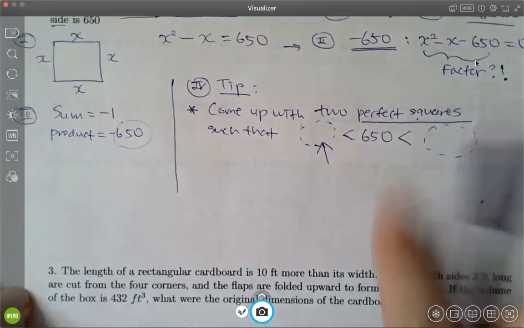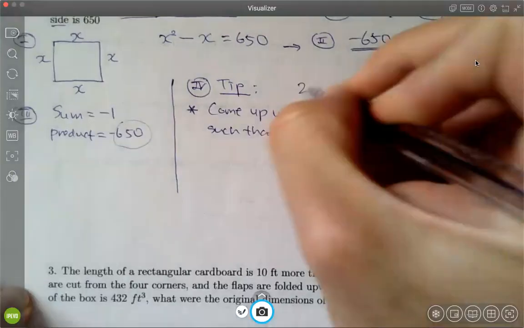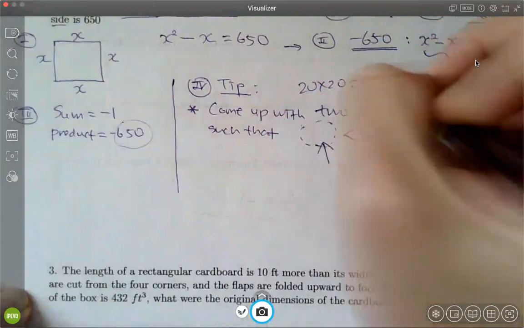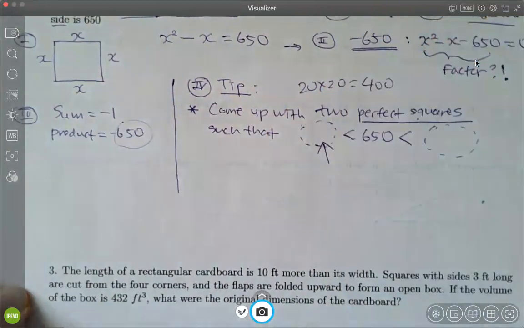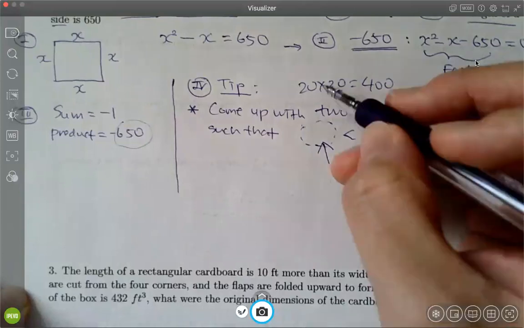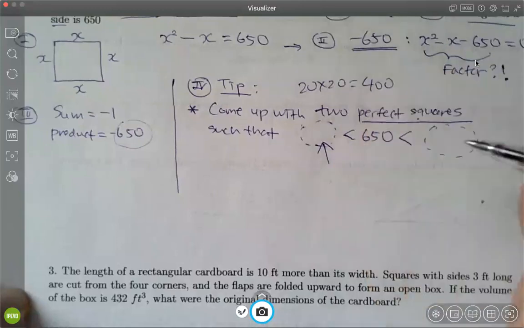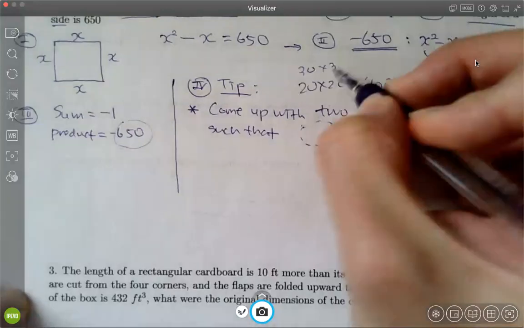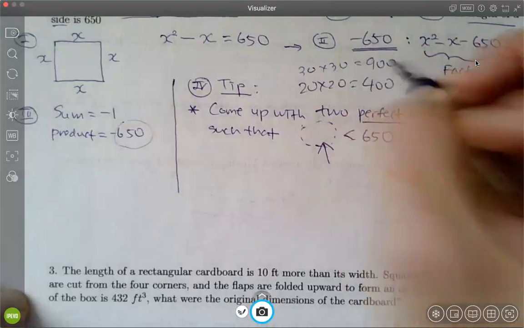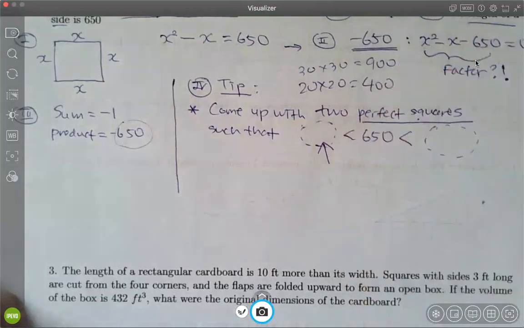That's 400, right? Okay, so our number has to be greater than 20, but it has to be less than 30, right? Because when we multiply 30 by itself, we get 900. So it's somewhere between 20 and 30, and you have to multiply it by itself to come up with this perfect square.